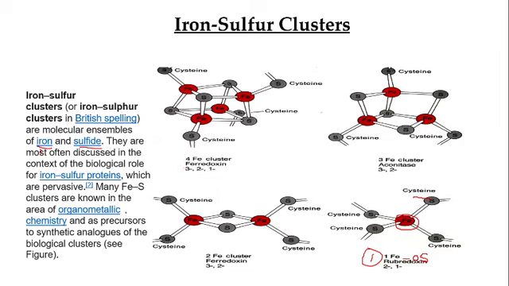The second type, ferredoxin. Okay, this is the second type, ferredoxin. Ferredoxin has one example, the 2Fe and 2S. You can see here there are 2 Fe's and 2 sulfur. These sulfur are inorganic sulfur. Okay, and here these are the cysteine sulfur.